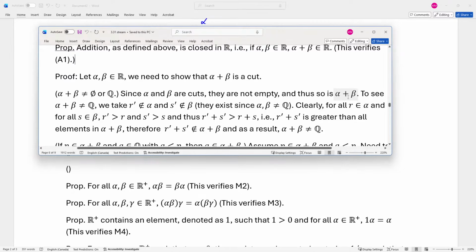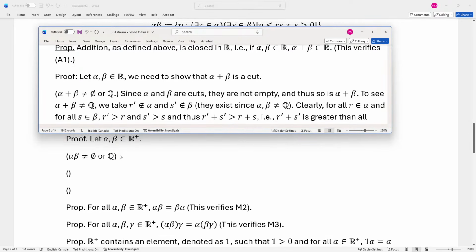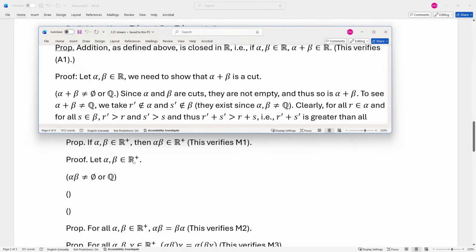Well, we have proved by contrapositive, so that's actually not a bad idea. Contrapositive proofs work like this.